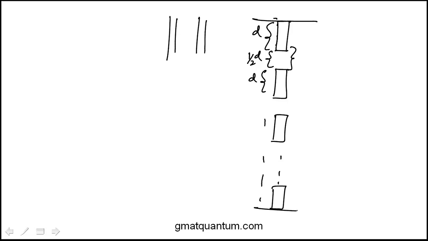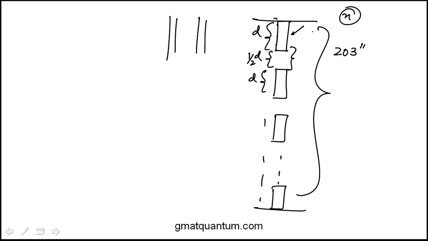Then they tell you this total length is 203 inches. And there are a couple of things that you have to read carefully. N is an integer, which means the number of these stripes. And the length of these unpainted sections, which is half D, is also an integer, which is greater than 2.